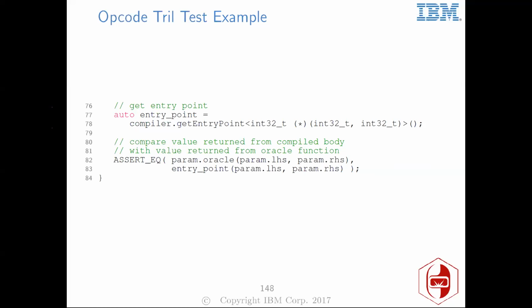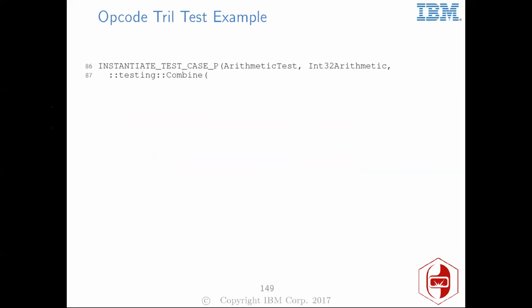And the very last thing we do is assert that when we call the entry point with the values we get from our test parameters, we get the same value we get from calling the Oracle function with the same input arguments. Hopefully this gives you a hint as to what needs to be done to implement this Oracle function.